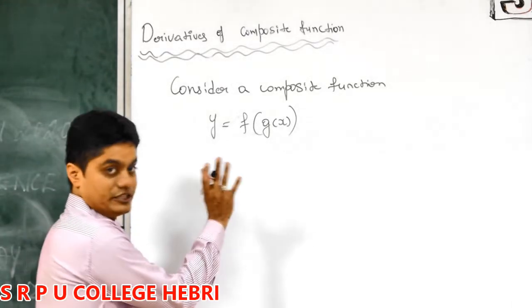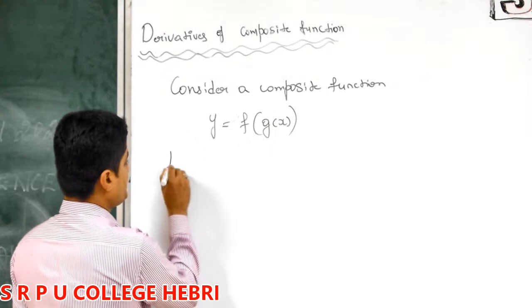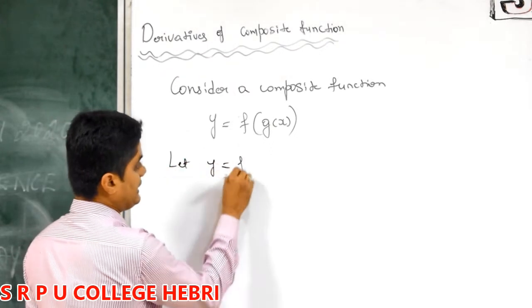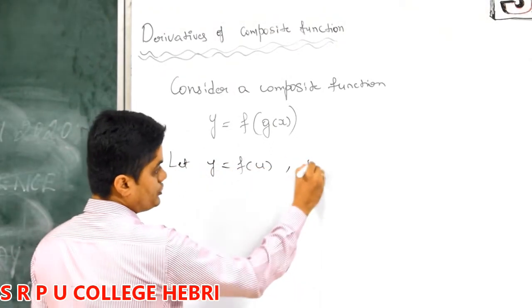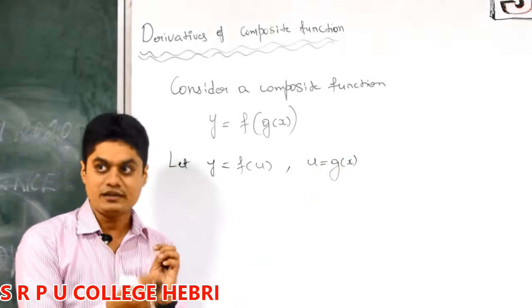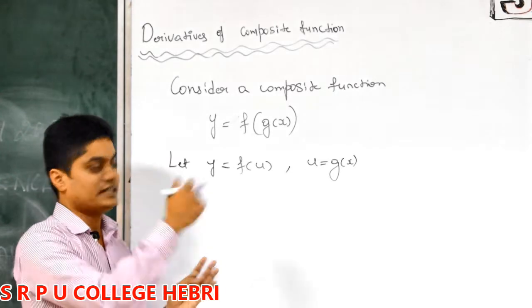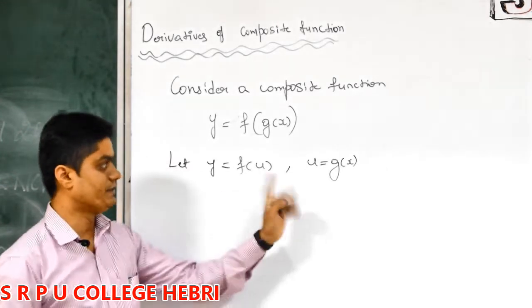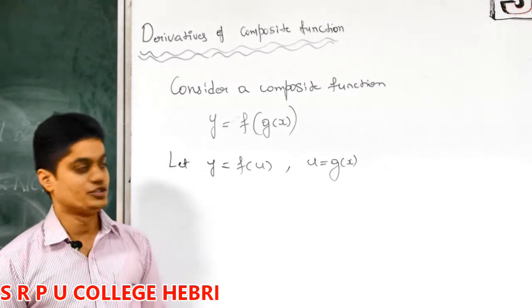Now I'll show you how to find the derivative. The first step is you separate like this: u is equal to g of x. That means you have to separate the function which is inside the other function, like this: y is equal to f of u, where u is equal to g of x.